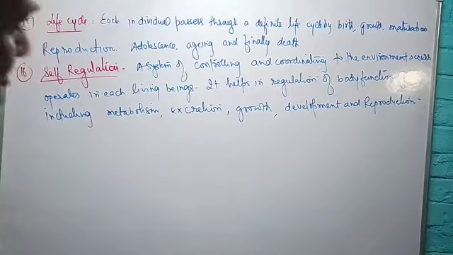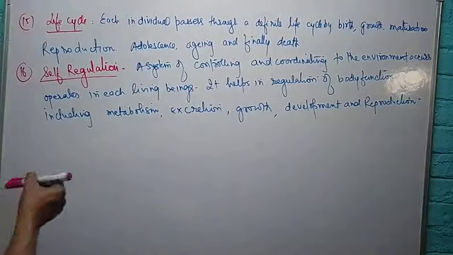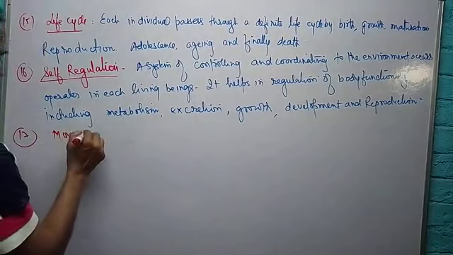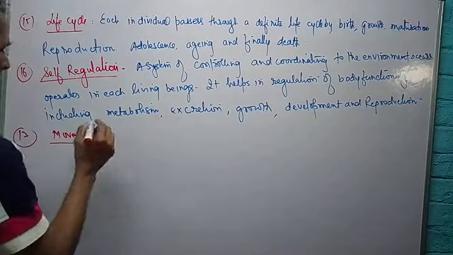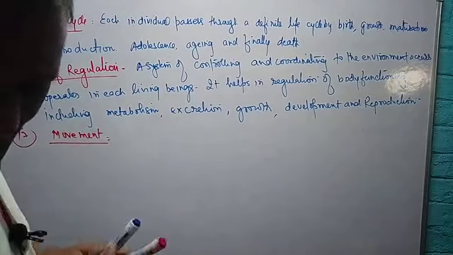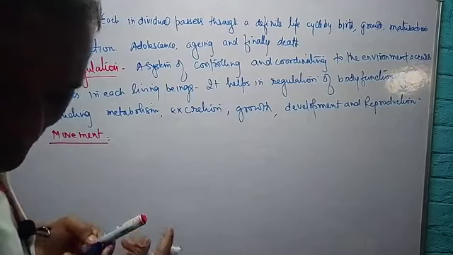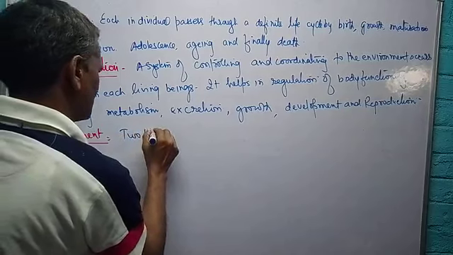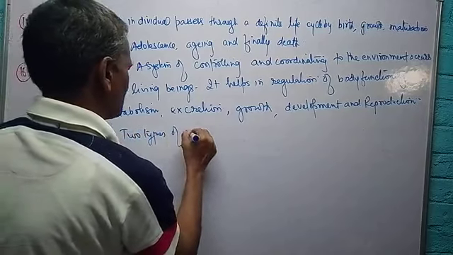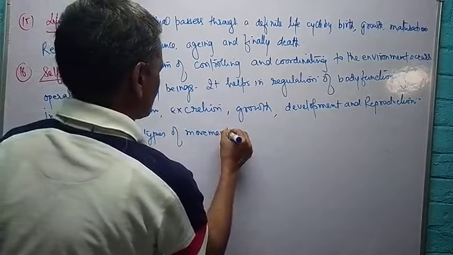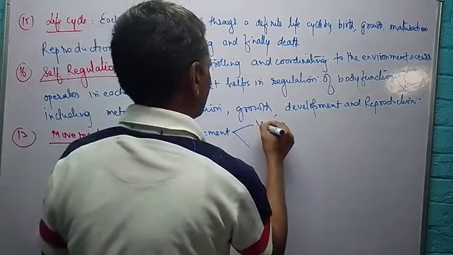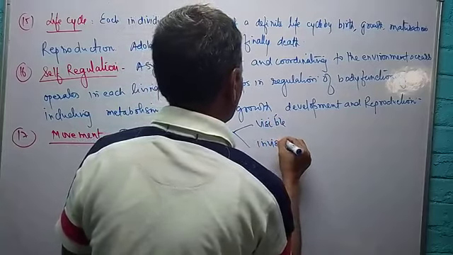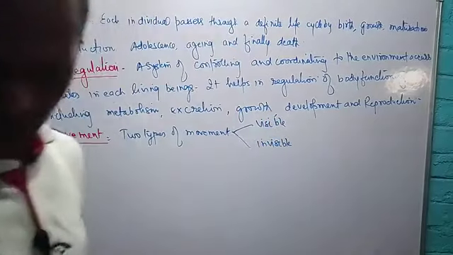Next property is movement. There are two types of movement, visible and invisible.